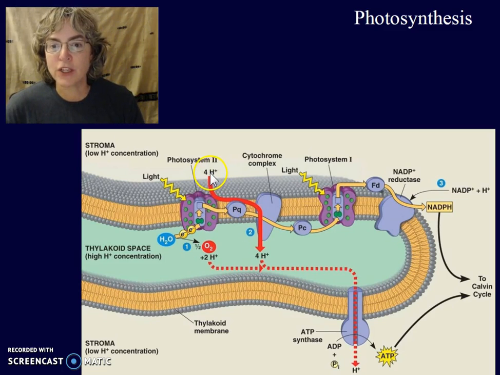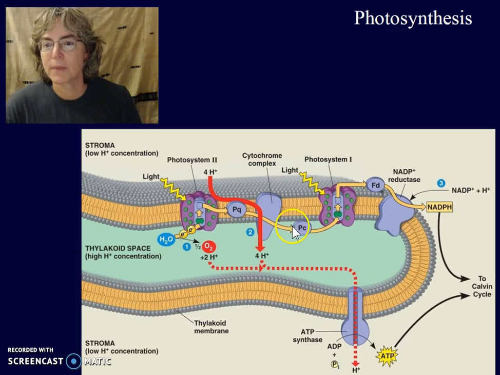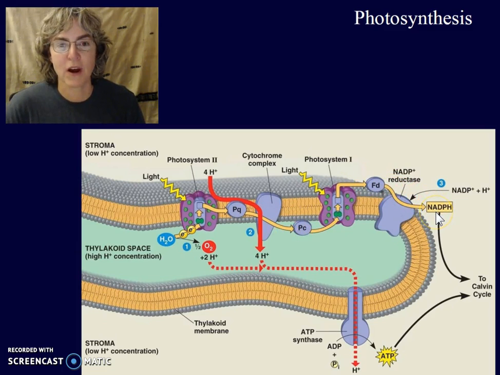So the hydrogen ions, again, just like cellular respiration, are being pumped through the membrane to set up this hydrogen ion concentration gradient. And in the end, those electrons are going into this molecule right here.